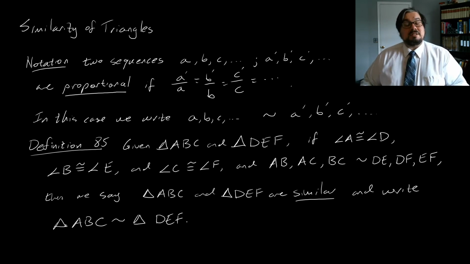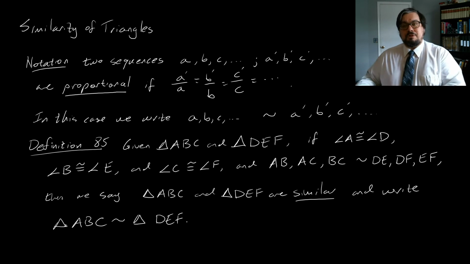It is, for instance, my personal preference that the definitions that we use include as much information as possible, include as many of the conditions that we can reasonably want as possible. And the reason for this is that later on down the road, when I'm proving a theorem and I know that two triangles are similar, I like to be able to say, oh, these two triangles are similar.